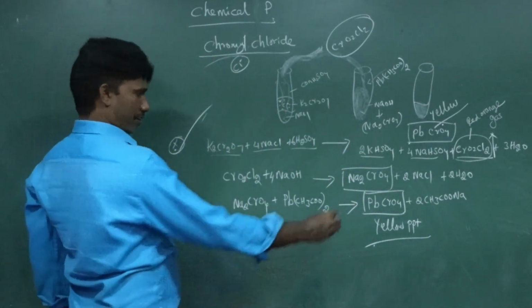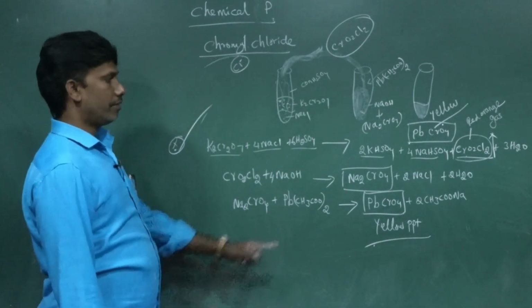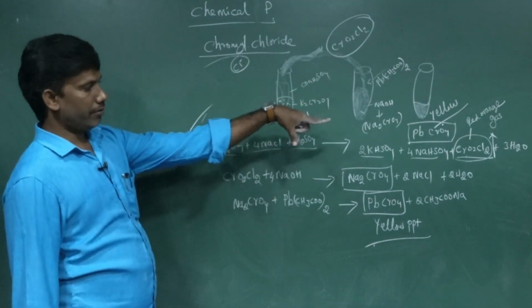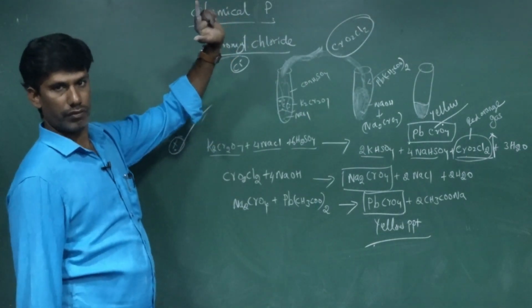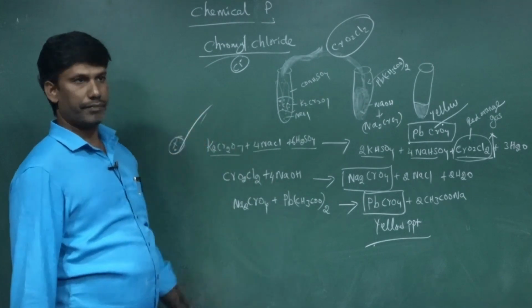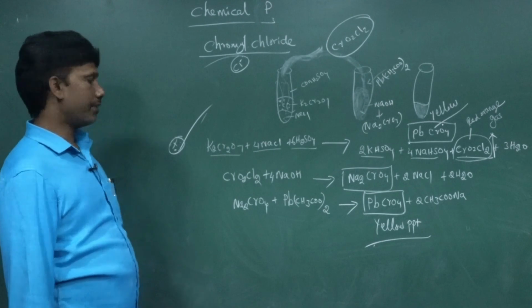It is very poisonous. If you inhale it for a few minutes, you may faint. Sometimes it may cause death also, if you are inhaling a large amount of chromyl chloride. So you have to be very careful in the laboratory while doing this test.